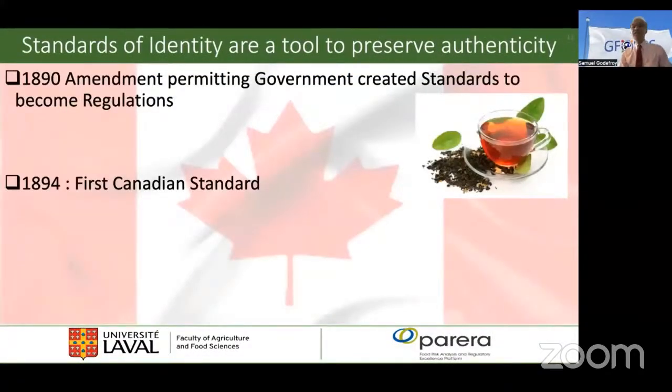The introduction of standards of identity was identified as a tool to help preserve the authenticity of food products and better protect consumers. The 1890 amendment introduced in Canada permitted government to create standards to define the characteristics of a food, and these standards became part of regulations.